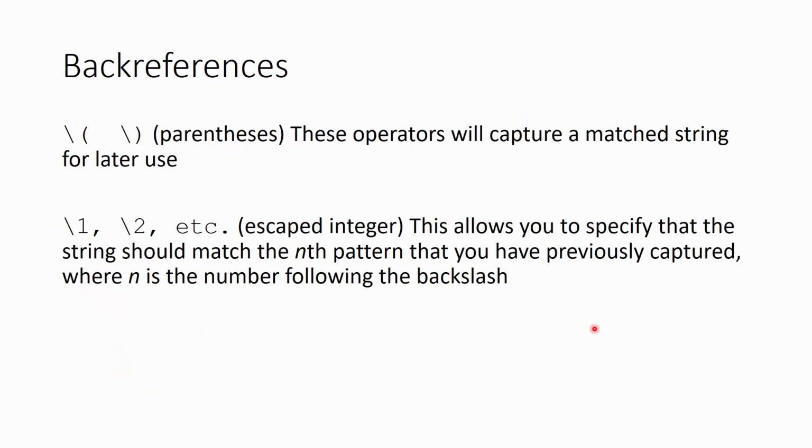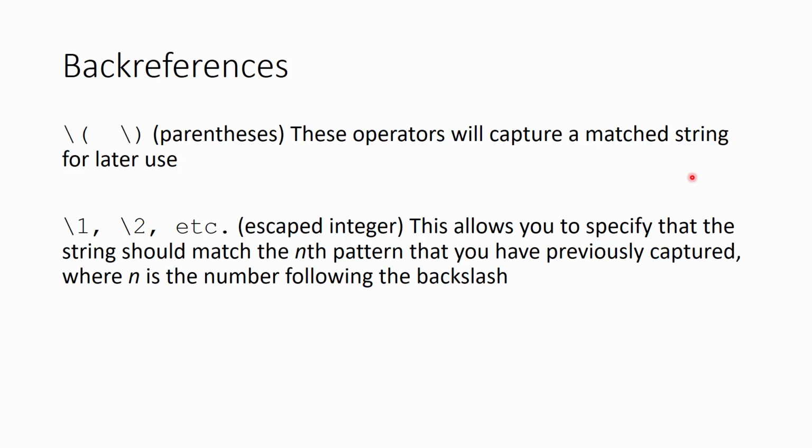So let's look at what's called a back reference. Back references are really complicated ways to refer to previous matches that we have captured. So what the parentheses operator is actually doing is capturing a matched string that we can refer to later. We were referring to that matched string with the curly braces by asking for a number of repetitions.